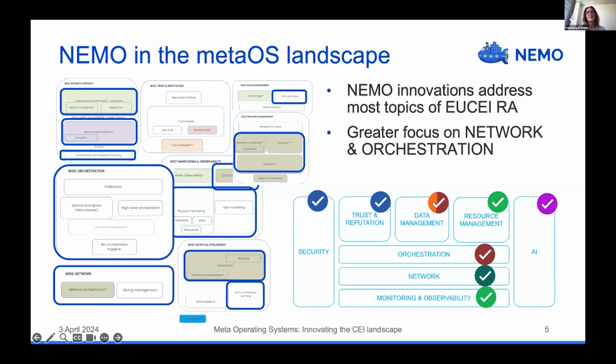You can see in the arrows, colored in their background with the same color as the functional layer of the NEMO architecture that covers this part. So more or less, as I said, I align with most of the functionalities, but we could say that the stronger focus is on the orchestration part and the network one. These are the core targets of our project.